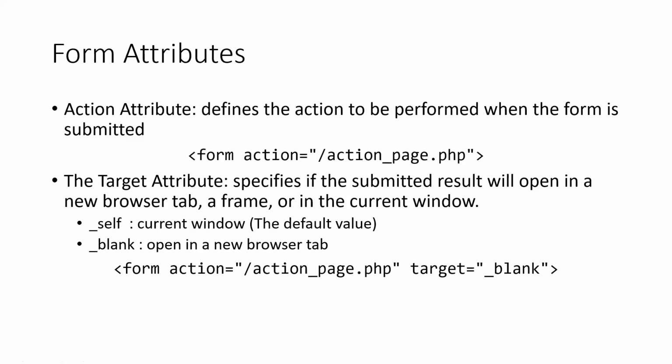Now, if you use just action without target, it will load in the same window. But if you need a separate tab or window, then you should insert target blank. This we have already discussed earlier, if you need a new page or a new tab.